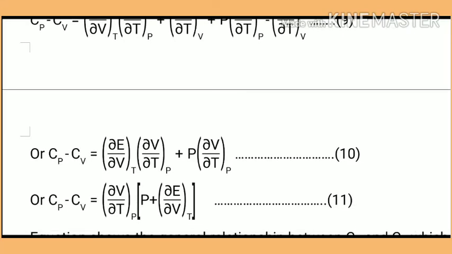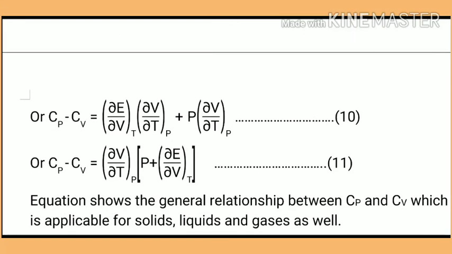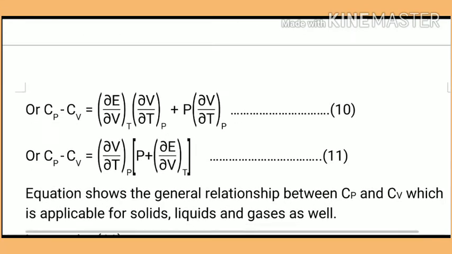We take ∂V/∂T at constant pressure as common, giving the bracket P plus ∂E/∂V at constant temperature.